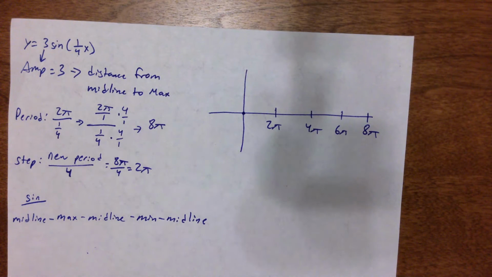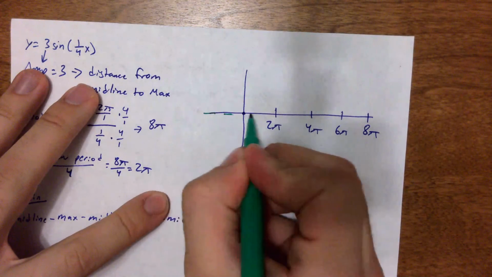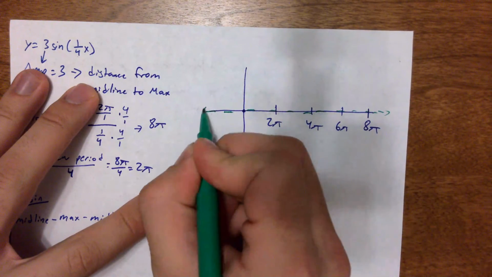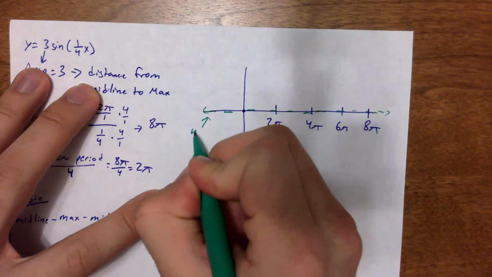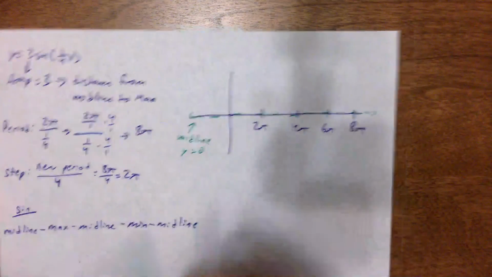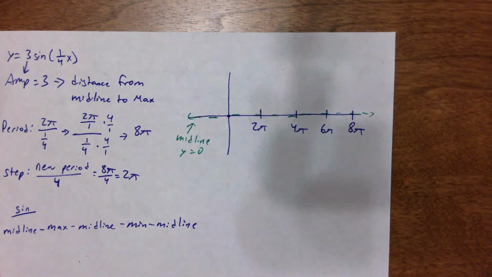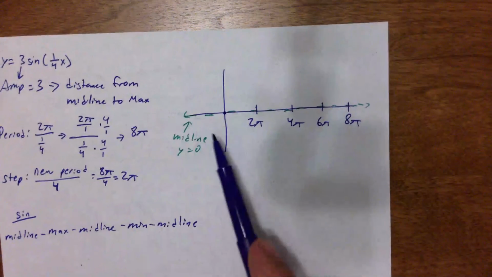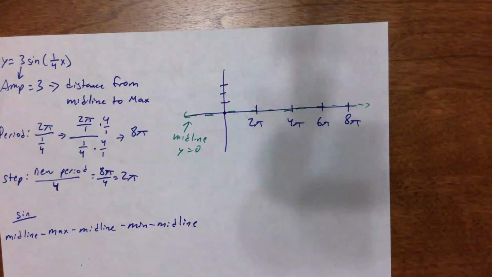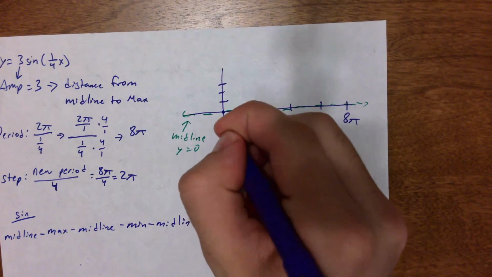There isn't any vertical shift here, so it is always just going to be at that center if there's no vertical shift. So midline at y equals 0. So my amplitude, again, is the distance from the midline to my max. So 1, 2, 3. And same thing for the min. It is also 1, 2, 3.